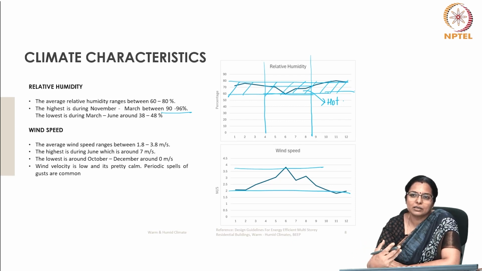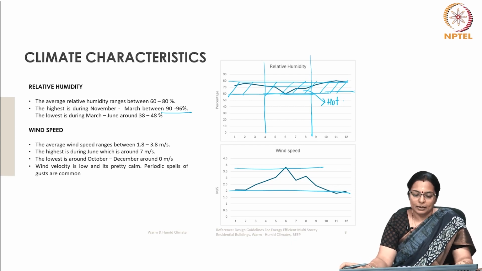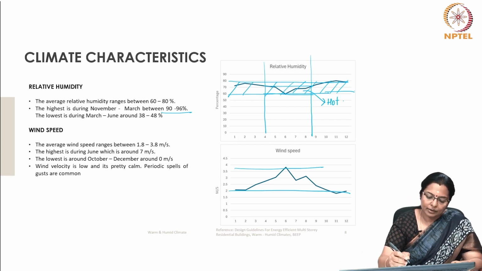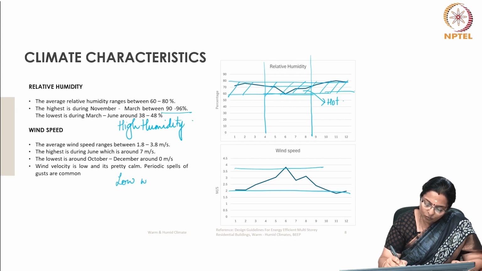In June, there is a tendency to have high wind speeds of even up to 7 meters per second. So, generally, we can conclude that Chennai has high humidity and extremely low wind speeds.